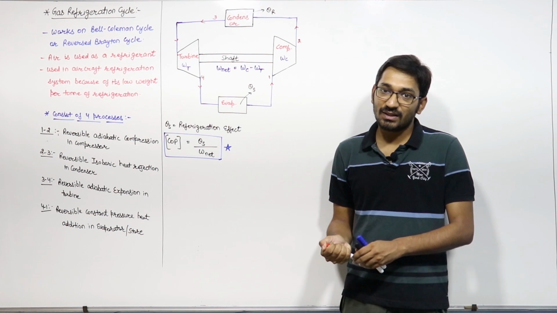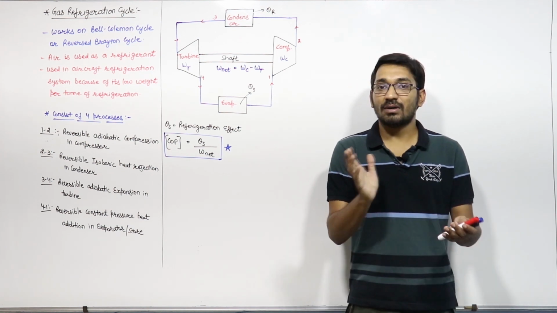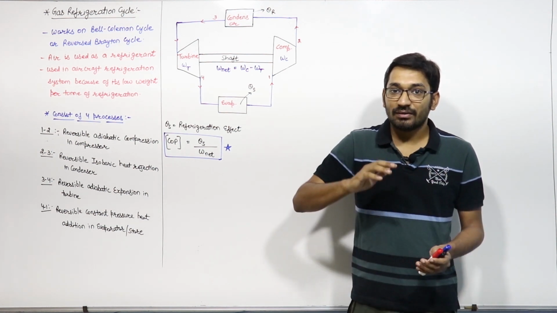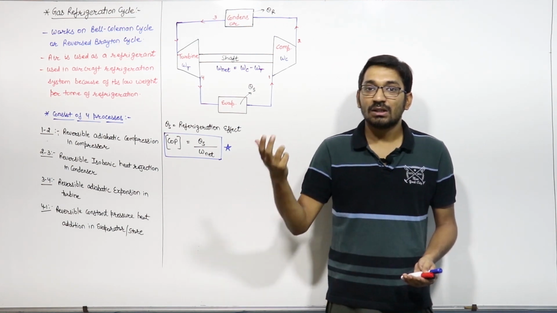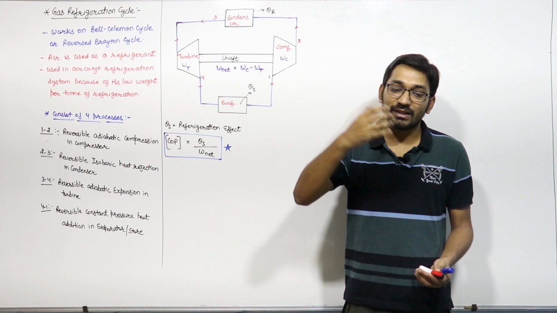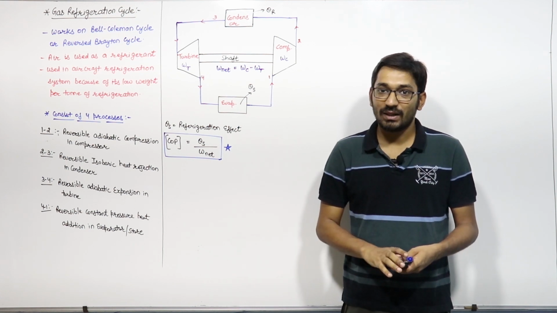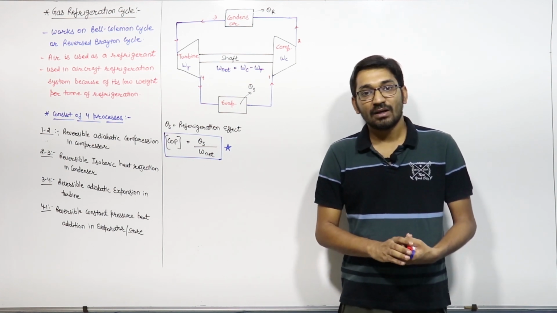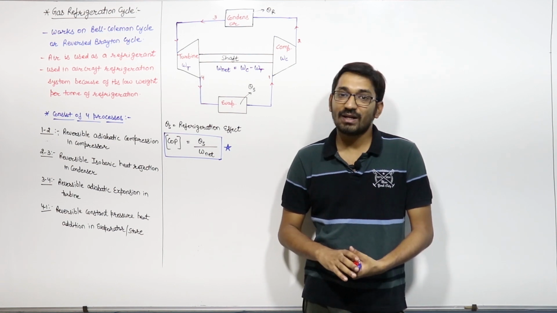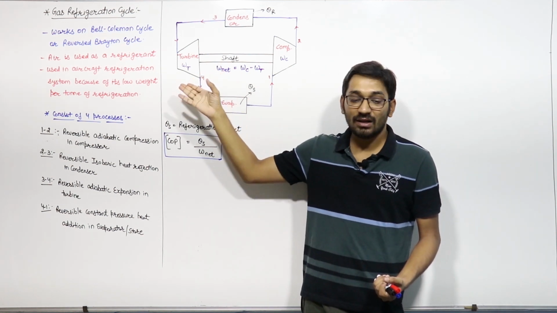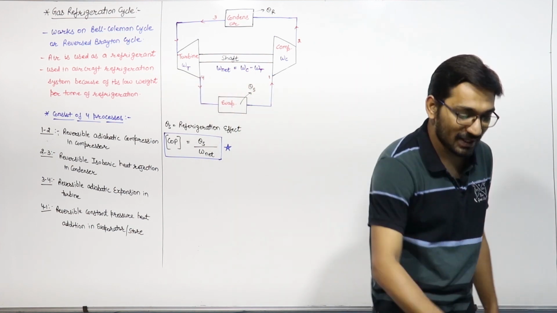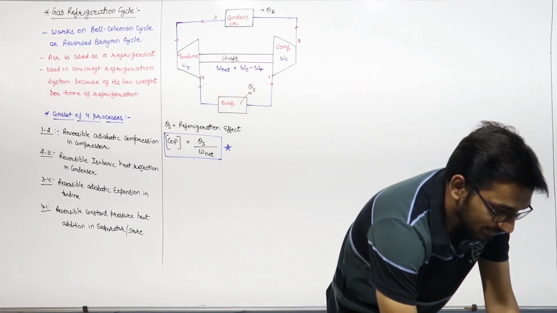We will discuss in a separate lecture why you have to use the throttling device, not the turbine, in case of the vapor compression cycle, and what is the disadvantage of using a throttling device in the gas refrigeration system. We will discuss it in detail, right?